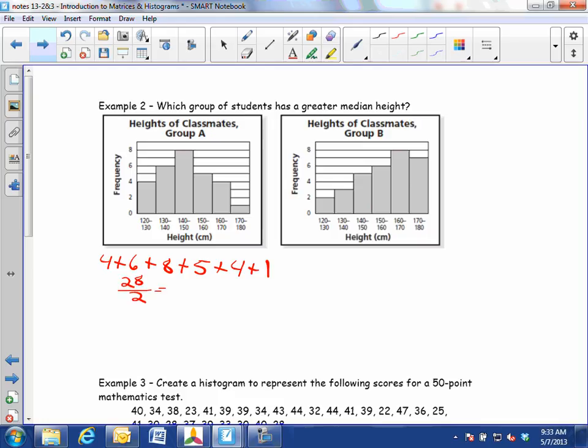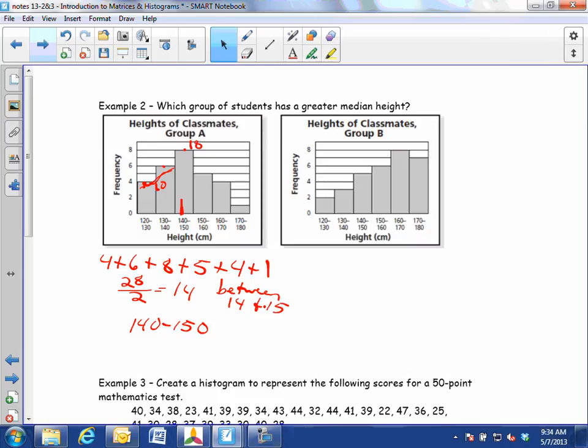So if we divide by 2, 14. I'm going to have 14 on one side and 14 on the other, so I want it to be between 14 and 15. So where are the numbers 14 and 15? Well, let's think. 4 plus 6 plus another 8.